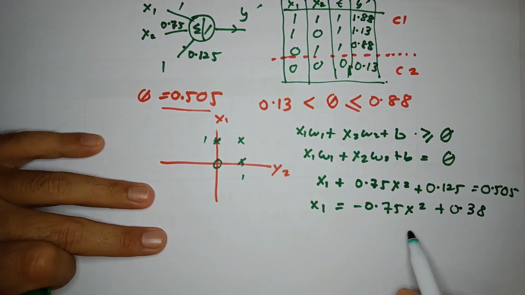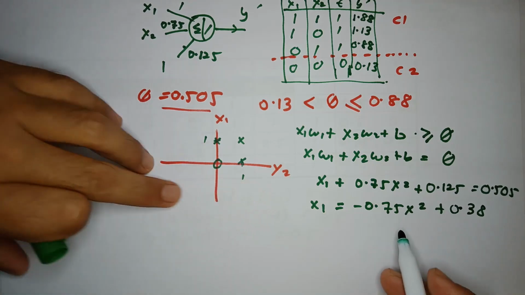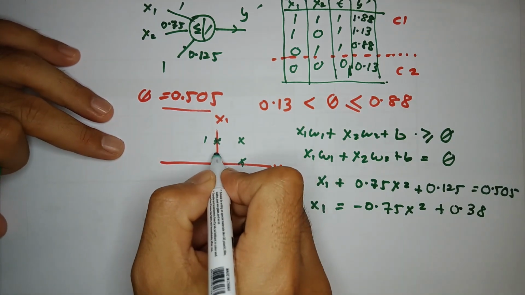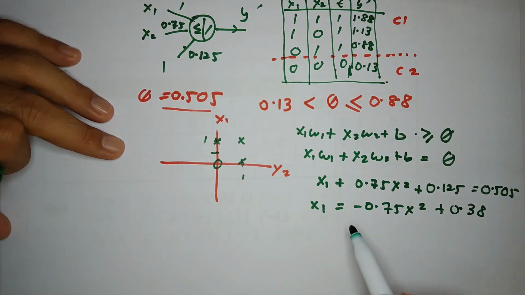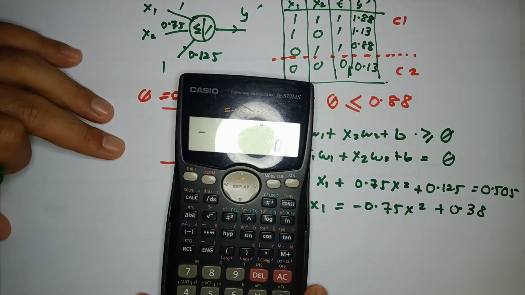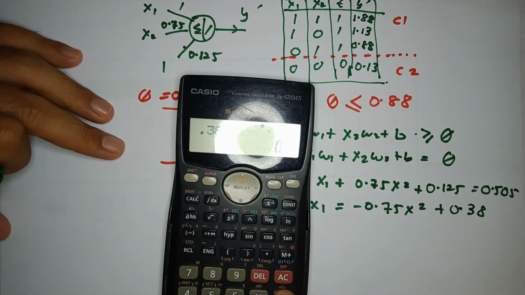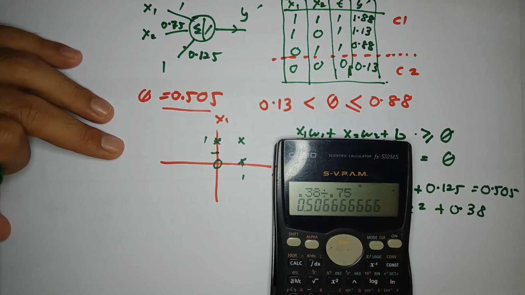If I plot this equation, if x2 equals 0, then x1 will be 0.38, maybe somewhere in here. And the same thing, if x1 equals 0, then x2 will be 0.38 over 0.75, so it will be 0.51.